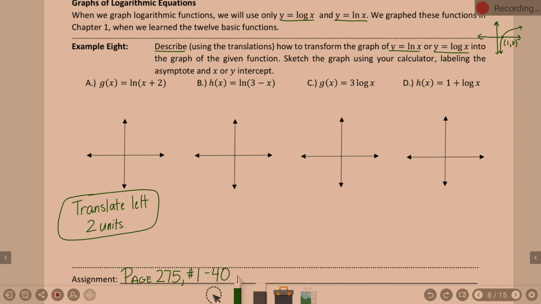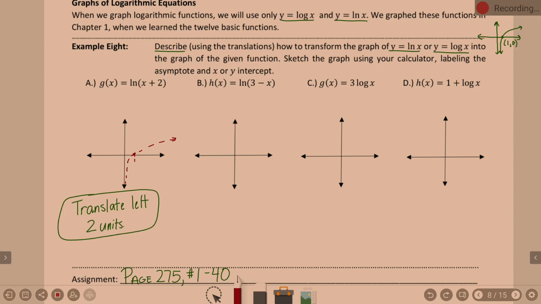Now, okay, before we take this to the calculator, think with me. The basic graph does what? I told you the basic graph cuts through 1 at the x-axis, right? So this is just a sketch of the basic graph. And it does something like that.